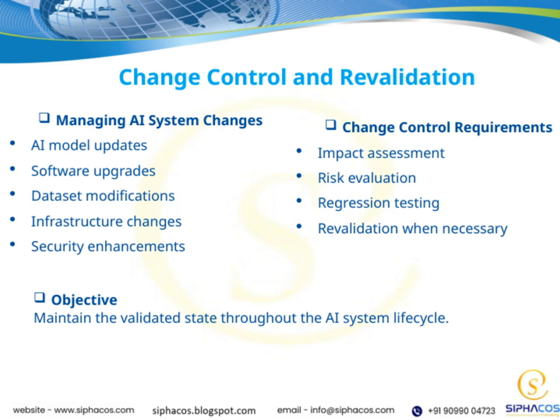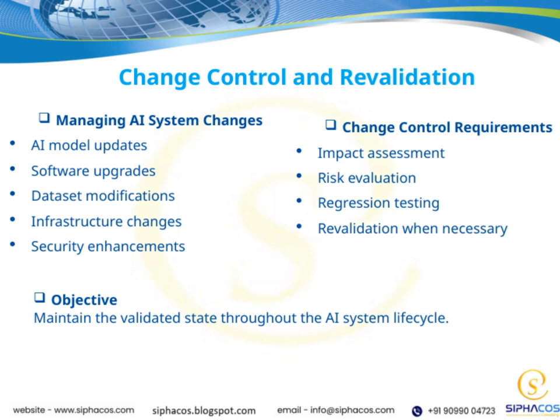This includes impact assessment to understand how a change might affect the system's performance, safety, or compliance. Risk evaluation is also key. Identifying potential risks associated with changes helps us decide how to manage or mitigate them effectively. Alongside this, regression testing ensures that new updates or modifications haven't negatively affected the existing functionalities.